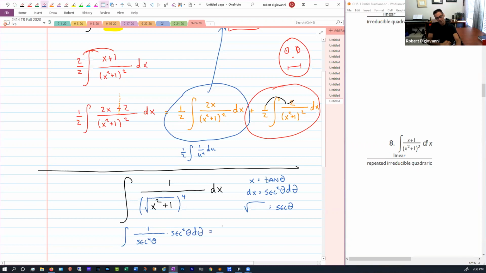And that just becomes 1 over secant squared. But 1 over secant is cosine. And now you power reduce, half angle, whatever, right? And it's doable now.